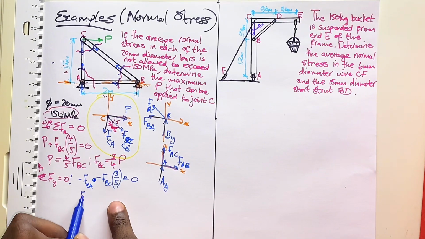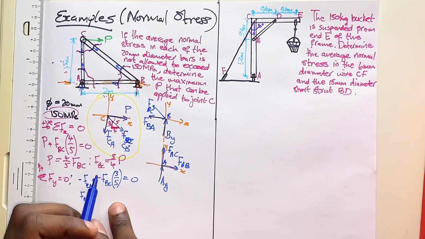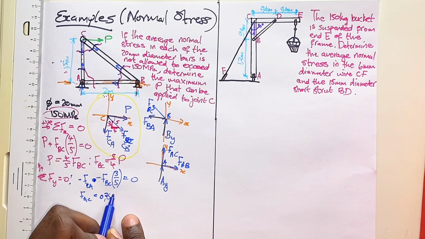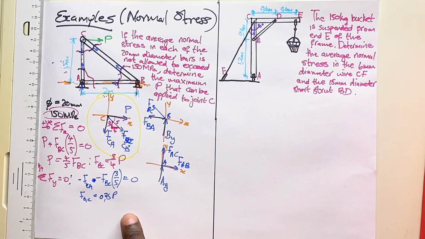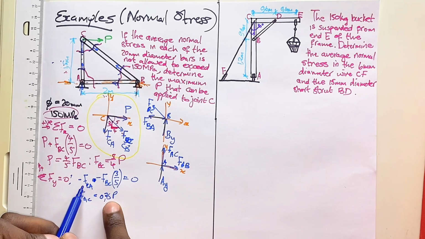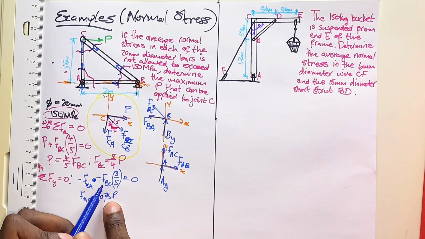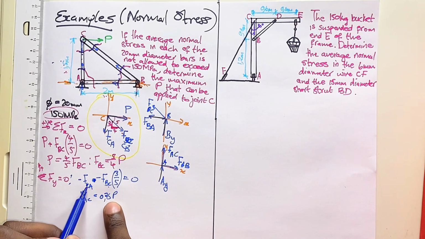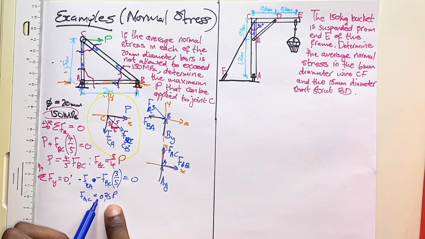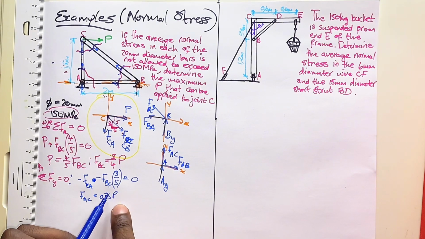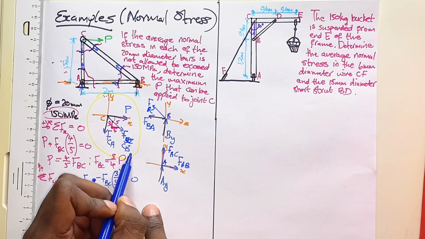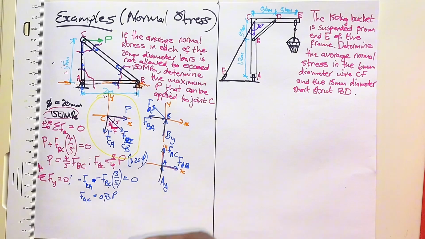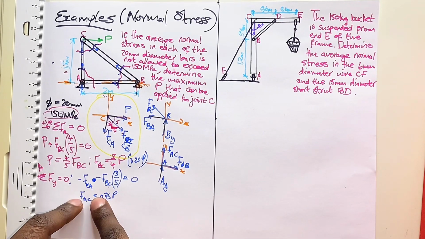So we can just say FAC is equal to 0.75 P. Now, what's important here is that for FBC, I substituted 5/4 P and then made FAC the subject of the formula, and I found out it is 0.75 P. This is 1.25 P.